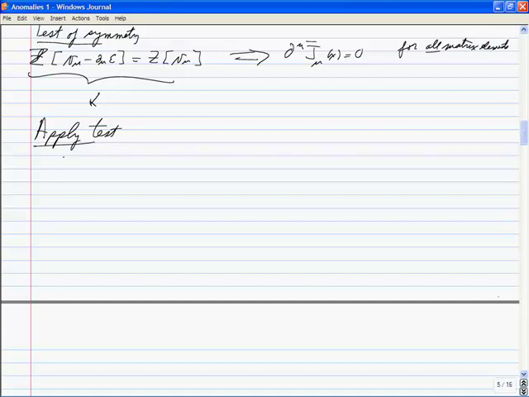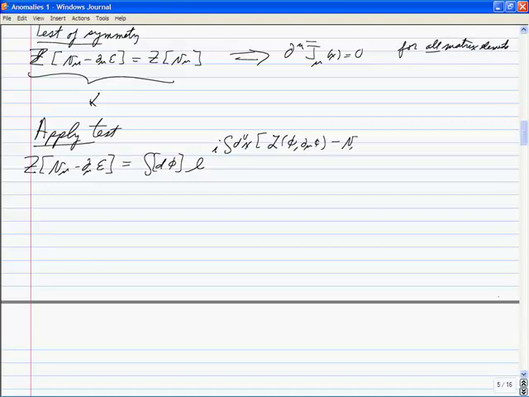Okay. Z of v mu minus d mu epsilon is the integral d phi e to the I integral d4x L of phi minus v mu minus d mu epsilon j mu.